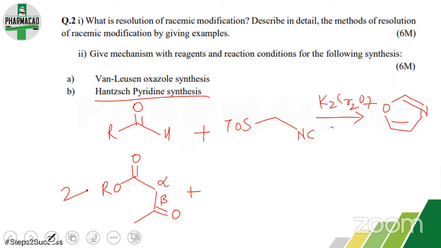After the reaction, we will get the substituted pyridine, substituted with the ester. So in the case of Van Leusen oxazole, we use an aldehyde with tosylmethyl isocyanide, and in the case of Hantzsch, we use the beta keto ester with ammonium acetate.